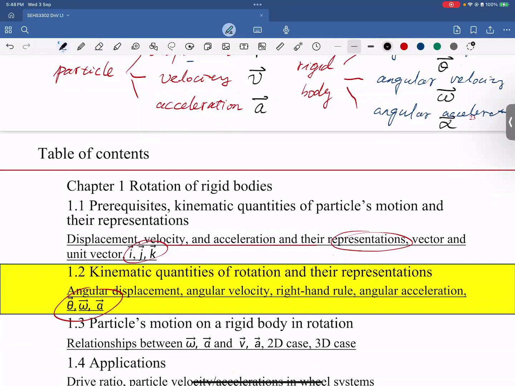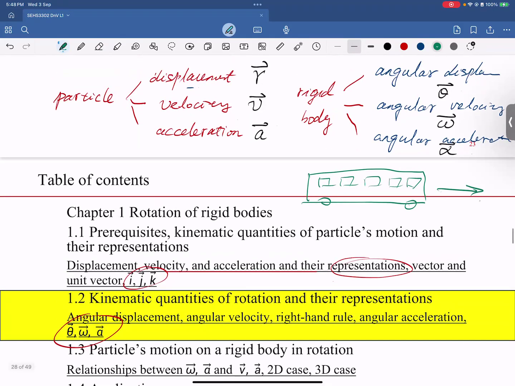If we have a bus, and it turns to the right side, and we have passengers at different positions, right?